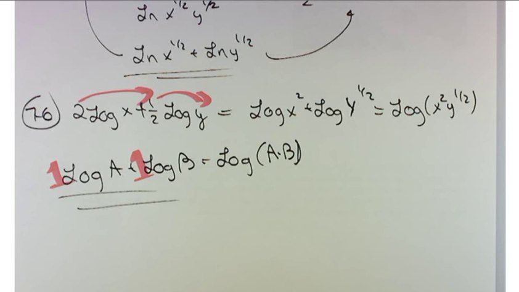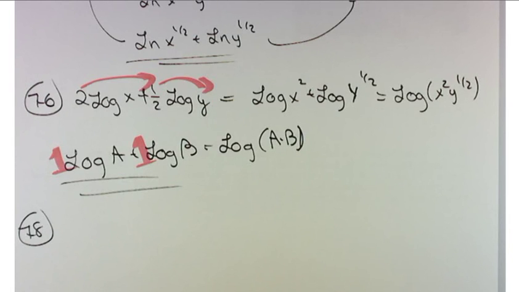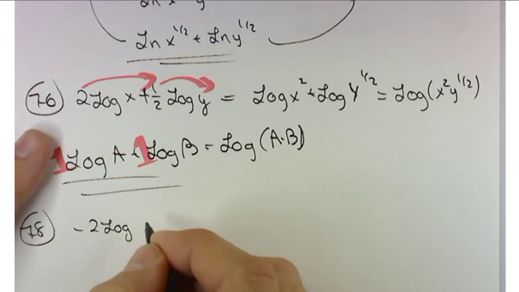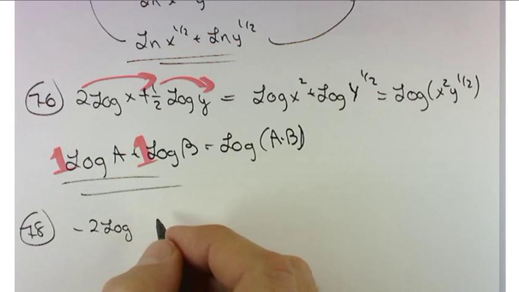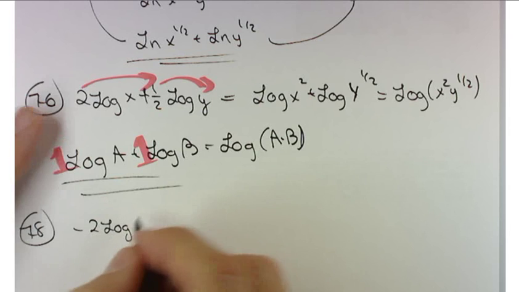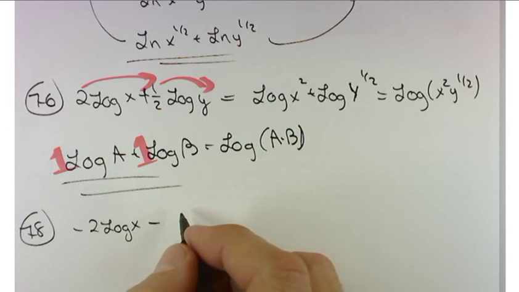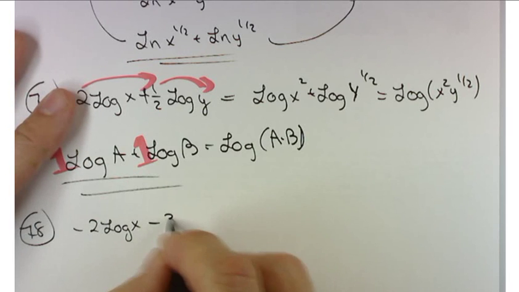Let's try another one kind of like that. Problem number 78. Minus 2 log of x, minus 3 log of y, plus log of z.